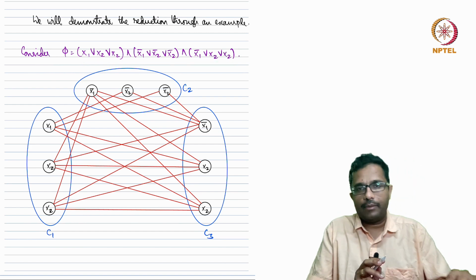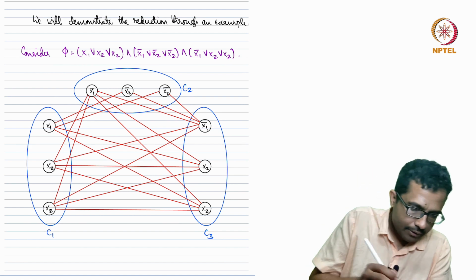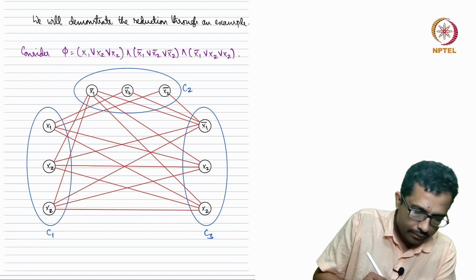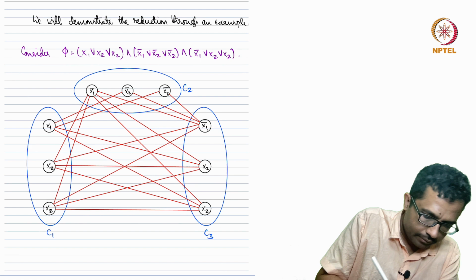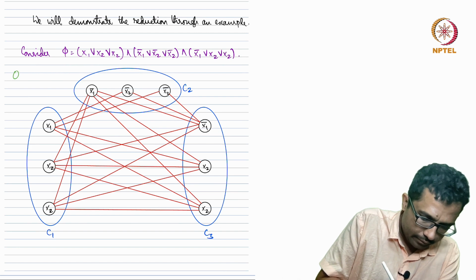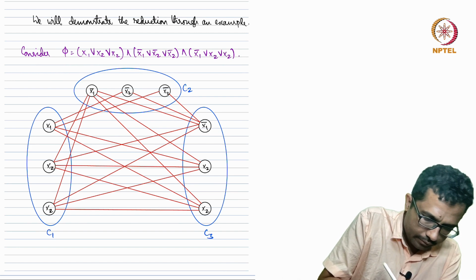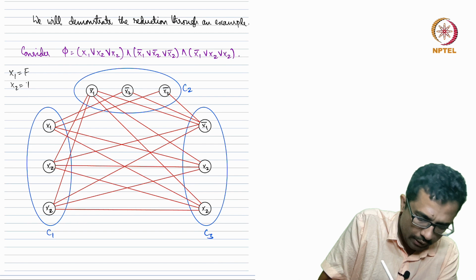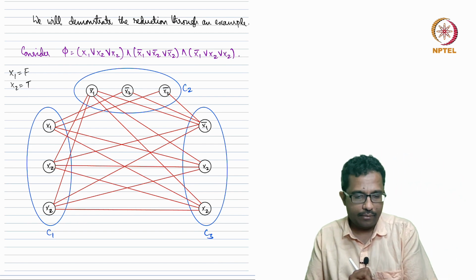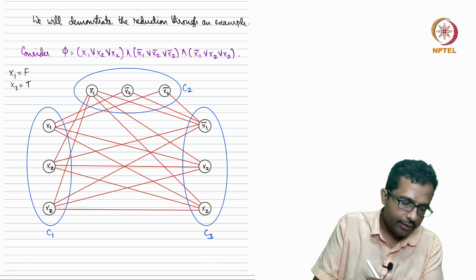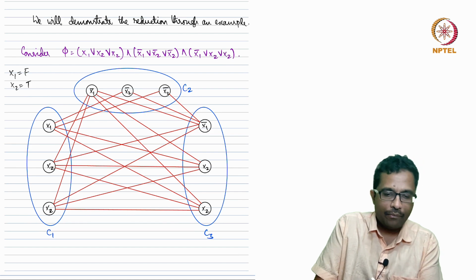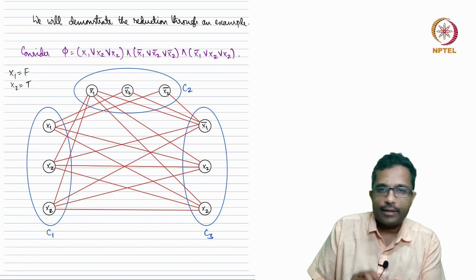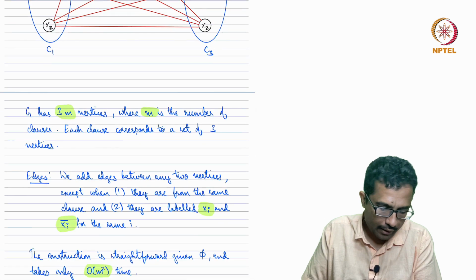So this is satisfiable, right? x1 equal to false and x2 equal to true is a satisfying assignment. So x2 equal to true satisfies the first and third clauses. x1 equal to false satisfies the second clause, right?